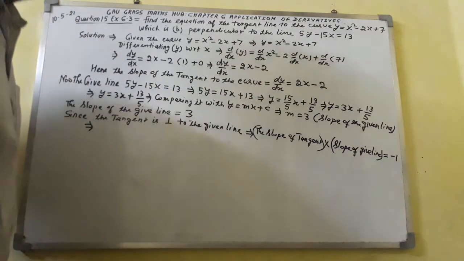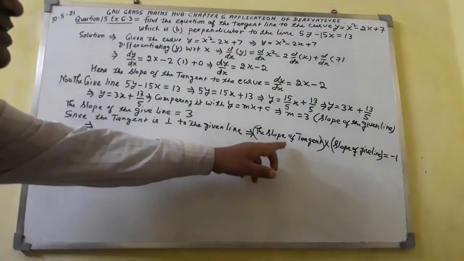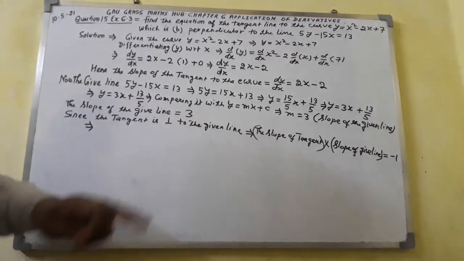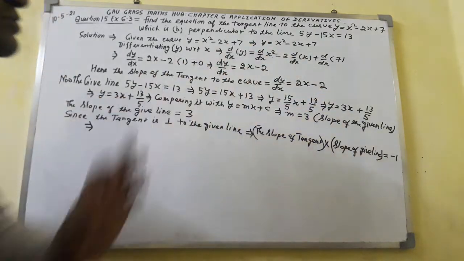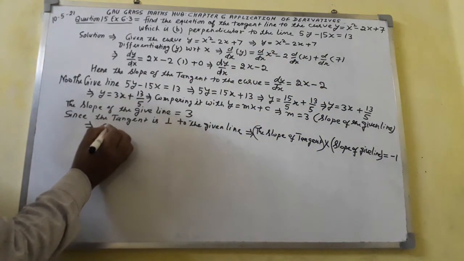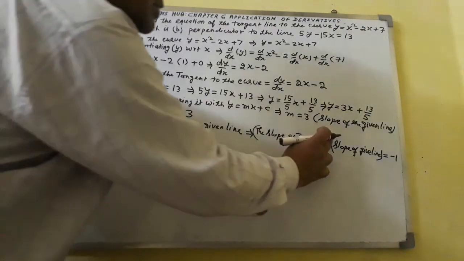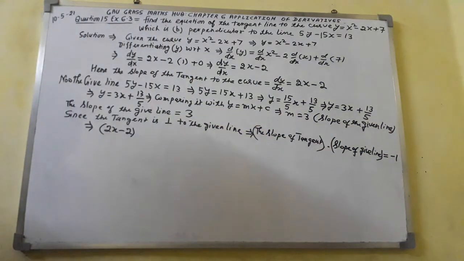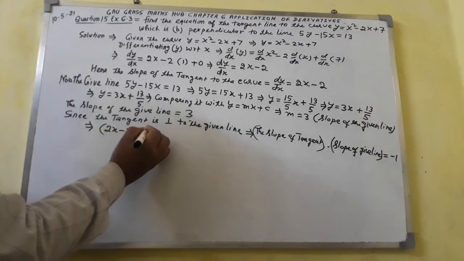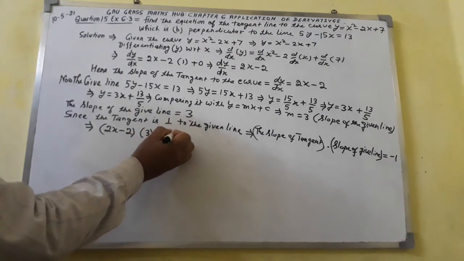So here I shall write 2x minus 2 into slope of the given line, you have got 3, equal to minus 1.